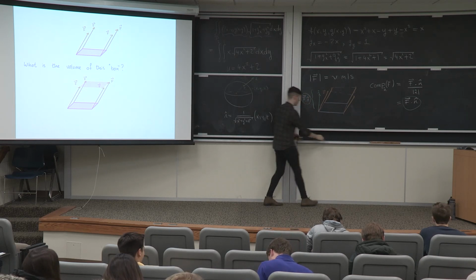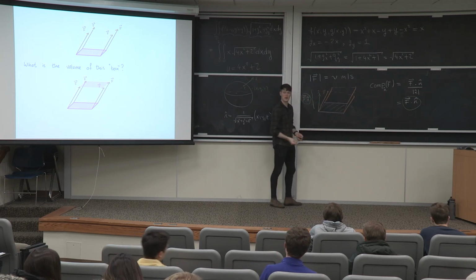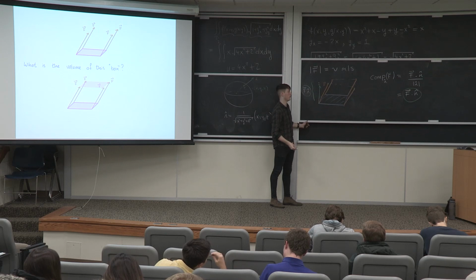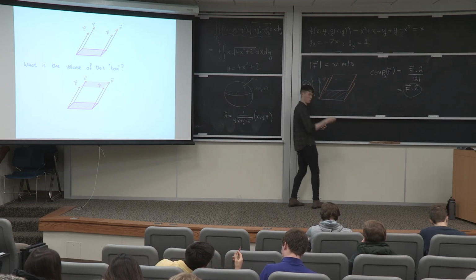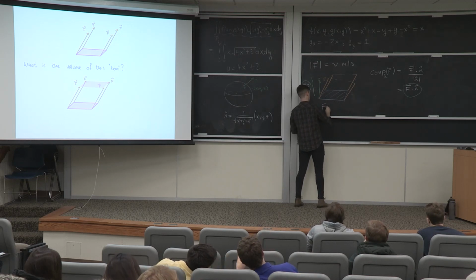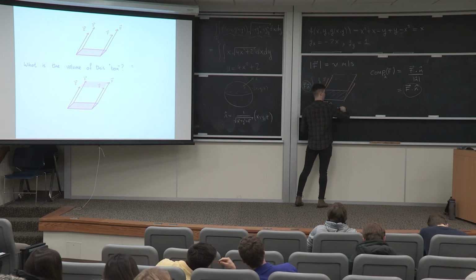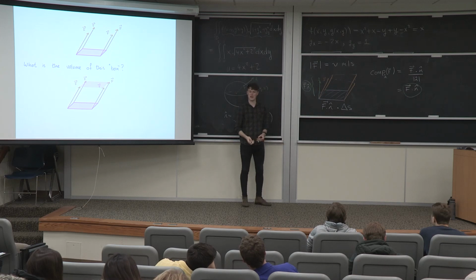What was the area of the base? It was just some delta S. So what's the volume of this box? f dot n times delta S. Now, this is the volume that f pushes through a patch.